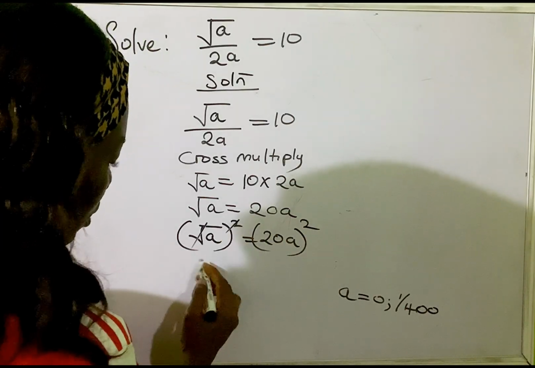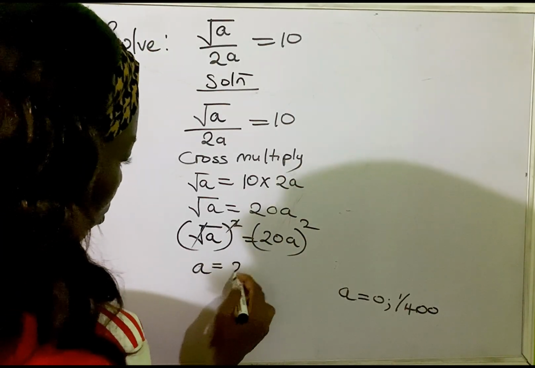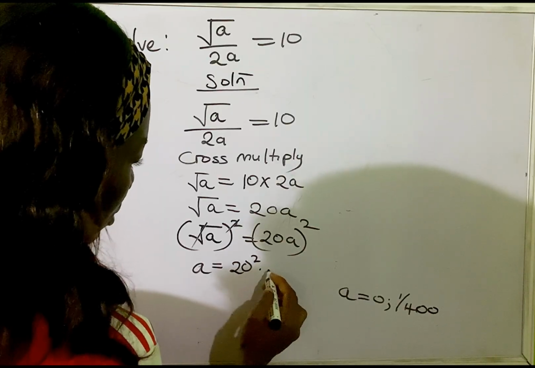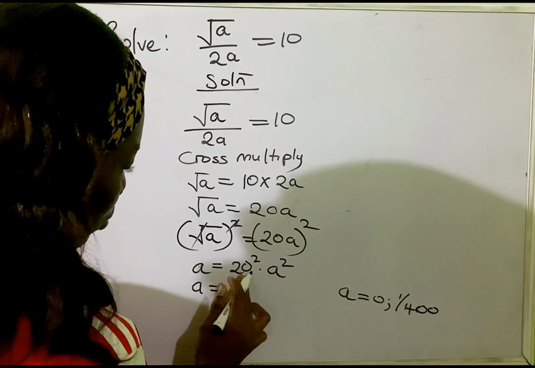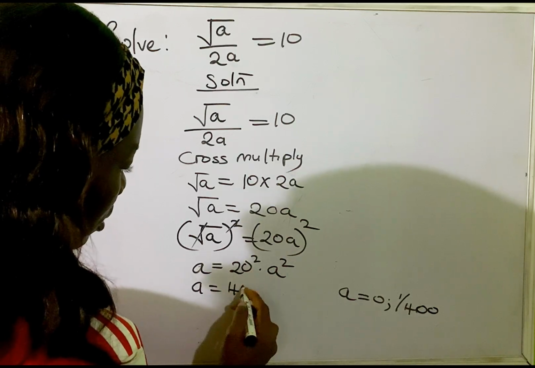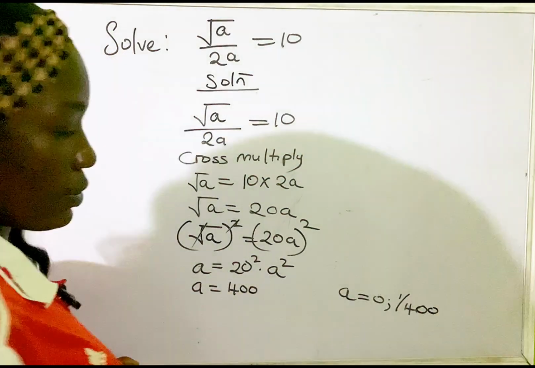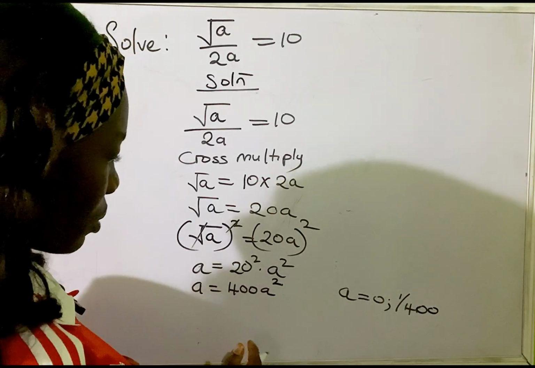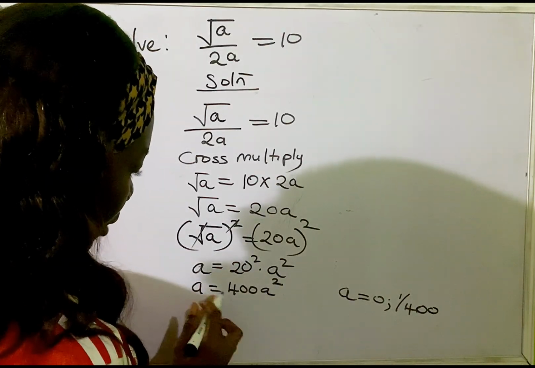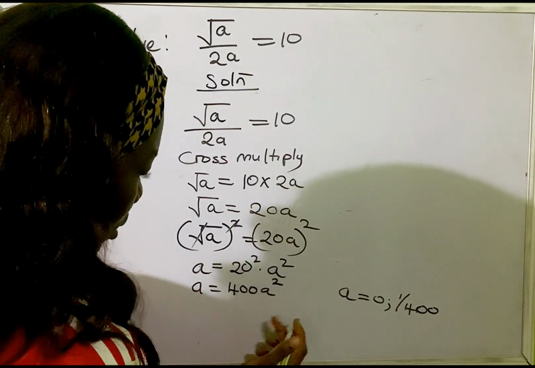So this cancels this. We have a is equal to 20 squared and a squared. 20 squared is 400, that's 20 times 20, and a raised to power 2. So a is equal to 400a squared.